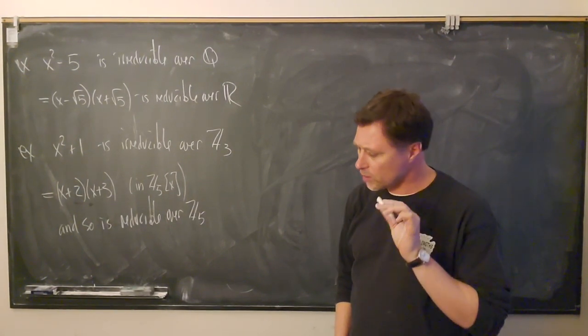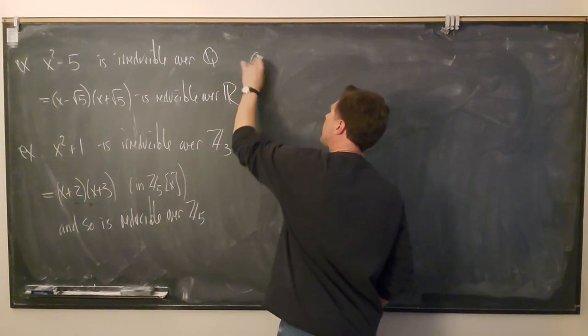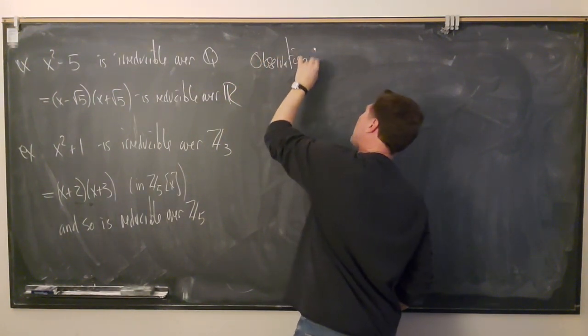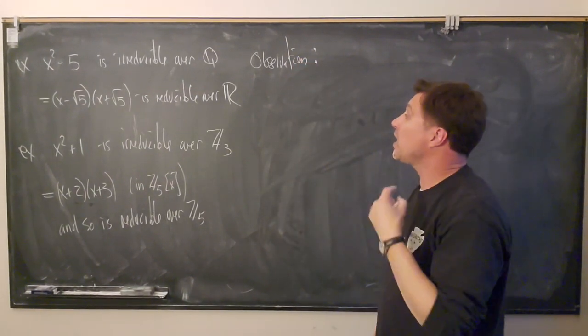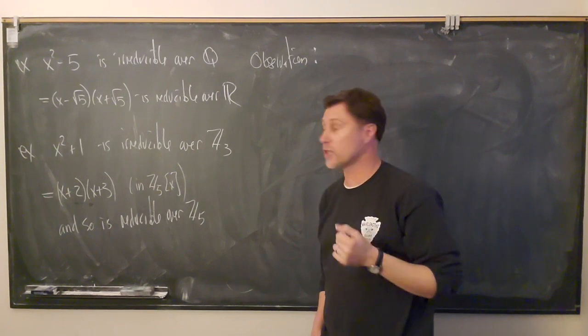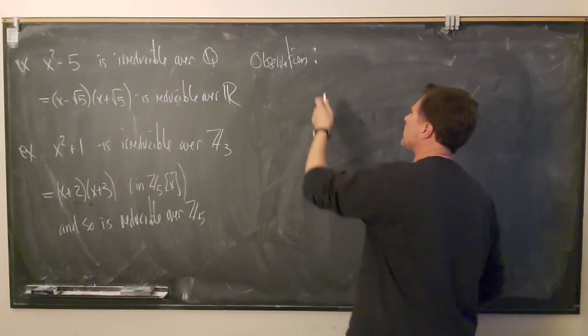Now, here's what's nice. Let me write this observation. We'll be able to simplify the definition if we're in a situation where the coefficients come from a field rather than just an integral domain. And so here's the observation.